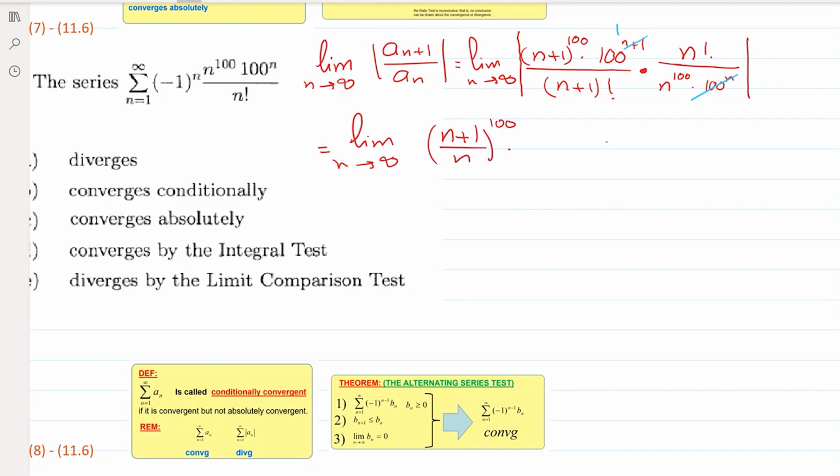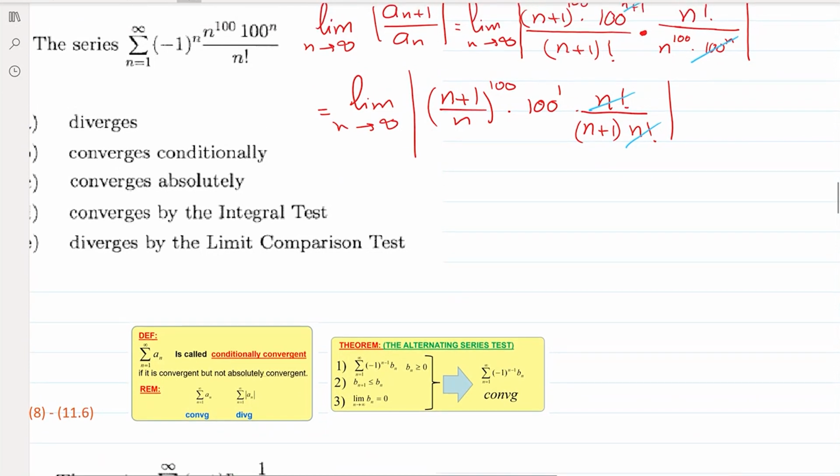Good. And you have 100 to the power 1 here. And what about the factorial? You start with the larger one, which is n plus 1. So n plus 1 times n factorial over n factorial, and then you can cancel one with the other. Excellent. If you want the absolute value, this is it, but no need.